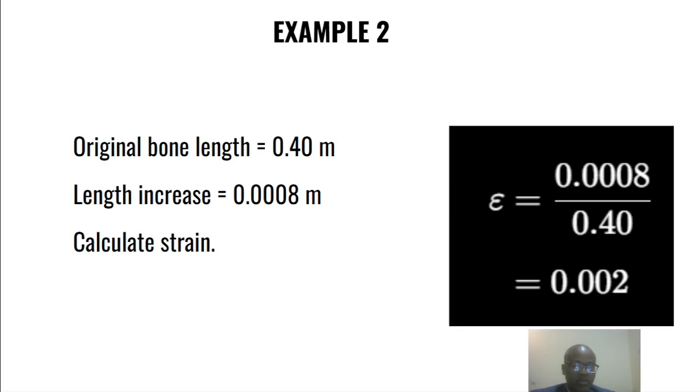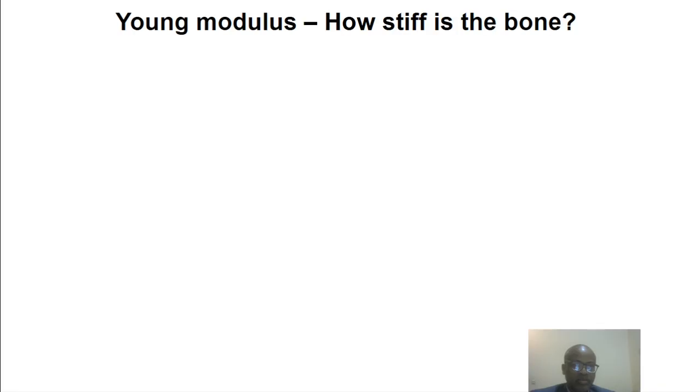All right. So let's go to the next idea under this unit 2. It's called the Young modulus. The Young modulus measures how stiff a material is, and in this case, how stiff a bone is. You know, when you stand up, your leg does not bend.